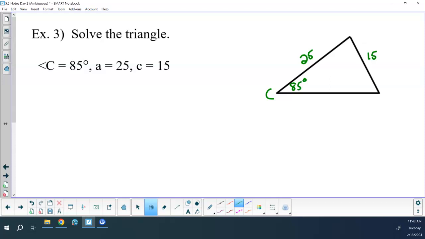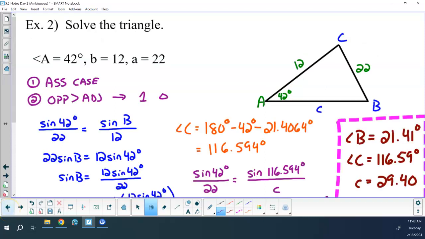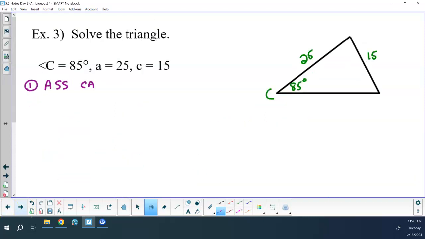Angle side case, yay or nay? What is my relationship between my opposite and my adjacent? Okay. So what do we have to find first?